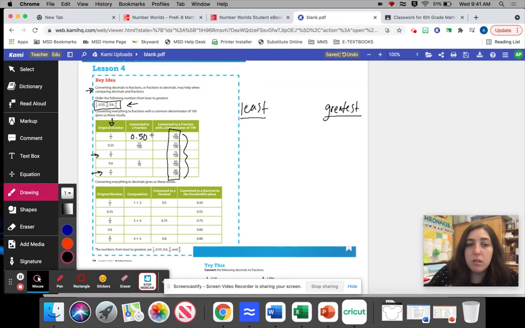So this 0 is in the 100 spot. And we know that we want a denominator of 100. So this would be 50 hundredths. The way that we say it is the way we write it. So I would say this decimal 0.50, I would say this as 50 hundredths. And so that's how I write it. 50 over 100, 50 hundredths.